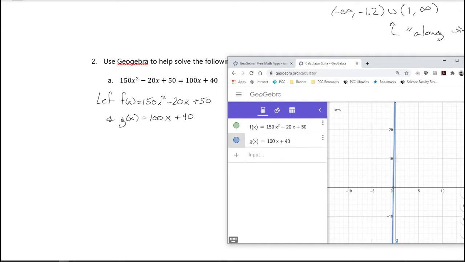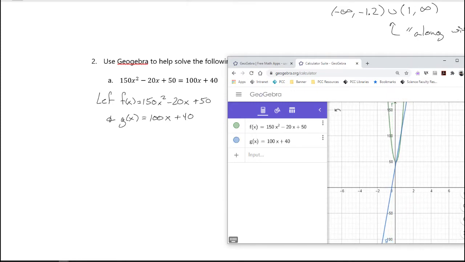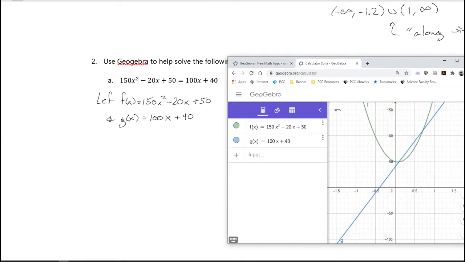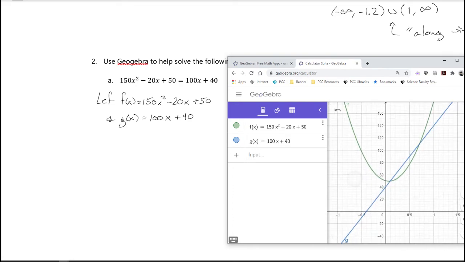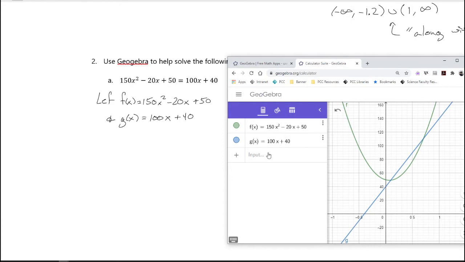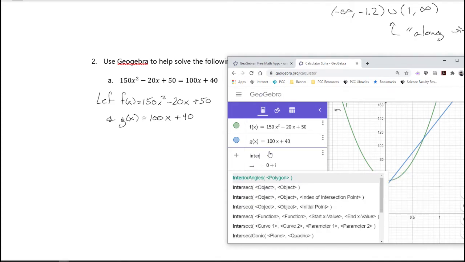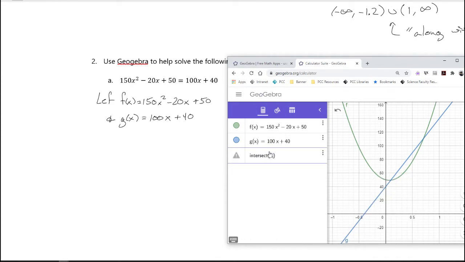And where did that green line go now? Oh, there's some green up there. Zoom around, sliding with my fingers until I can get a picture of that. And I'll get the intersections of f and g.